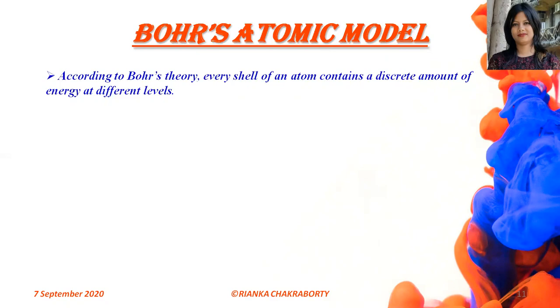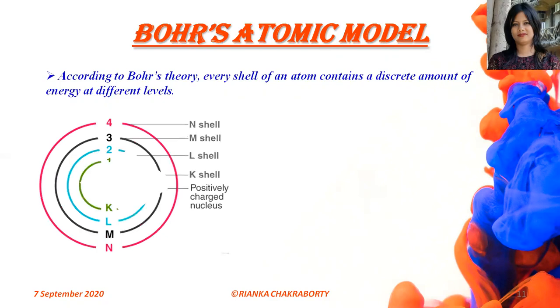In the Bohr atomic model, the electrons are assumed to move about the nucleus in certain discrete circular orbits without radiating any energy. That means every shell of an atom contains a discrete amount of energy at different levels.